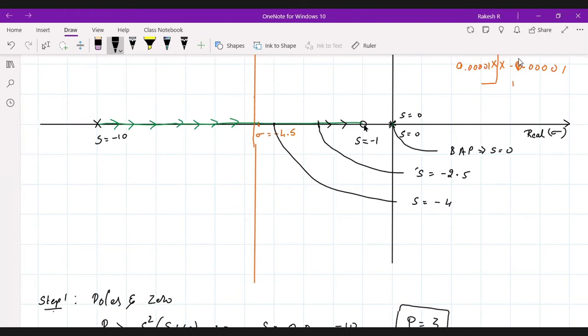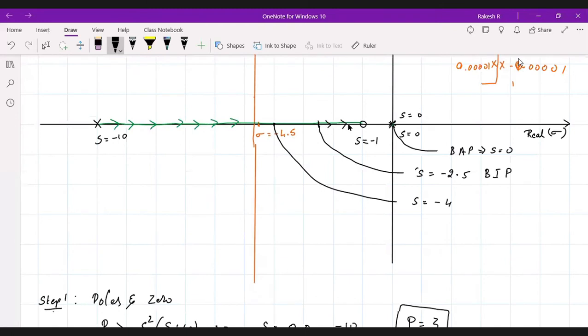What we have? Sorry, we have a 0 here. So towards right, if we have 0, and towards left, we have one more breakaway or break-in point, we don't know that one. So towards right, we don't have any pole here. Only we have 0. So this will be a valid break-in point. Why am I taking this as a valid break-in point?